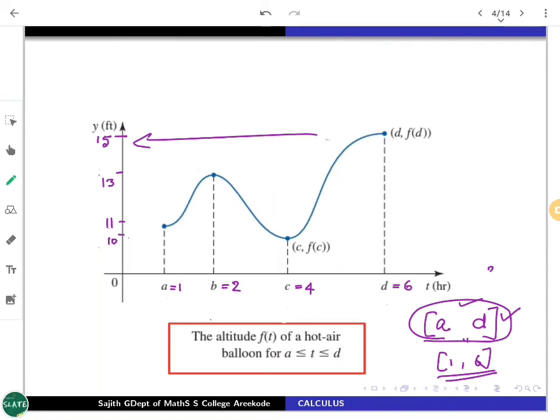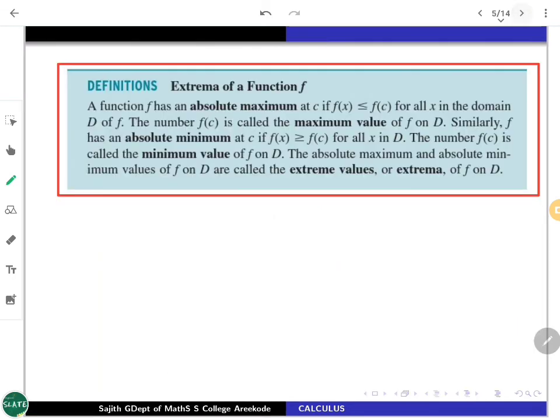And the corresponding value, we will call the minimum value of f on d. In fact, the absolute maximum and absolute minimum values of f on the entire domain are called the extreme values, or the extrema. This is the formal definition for extrema.